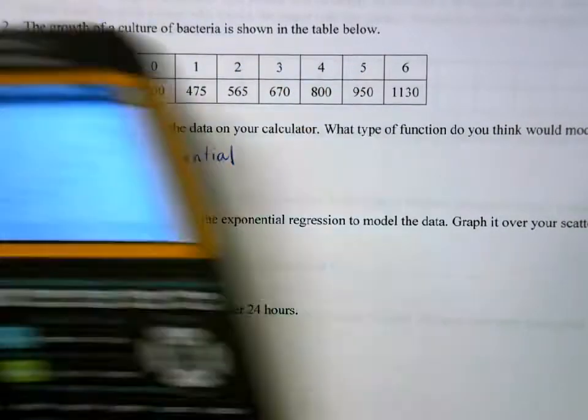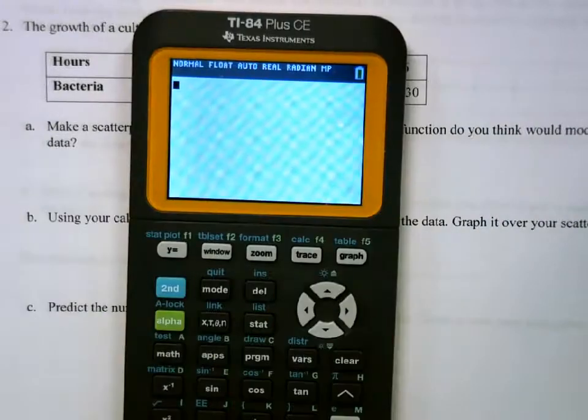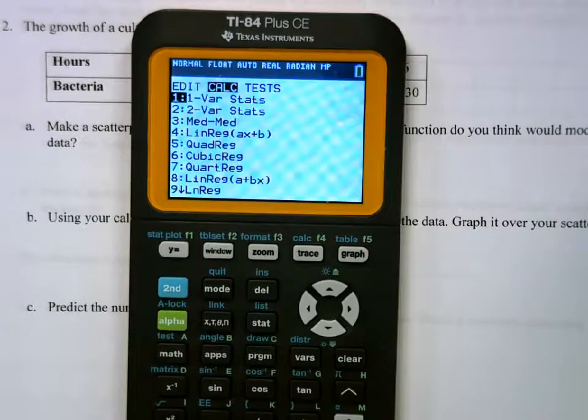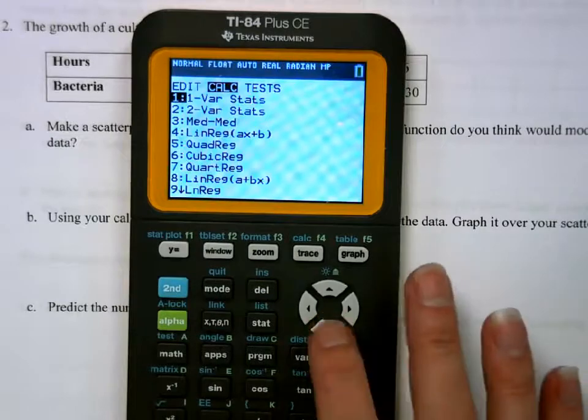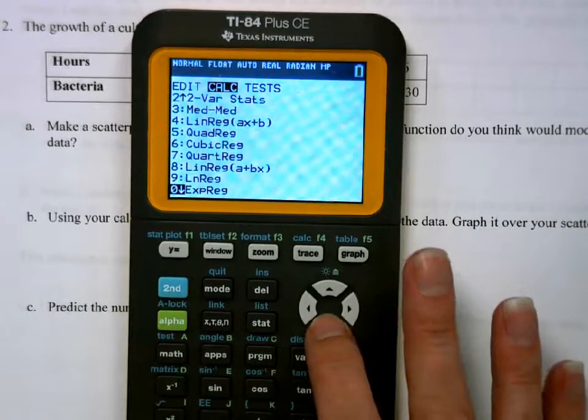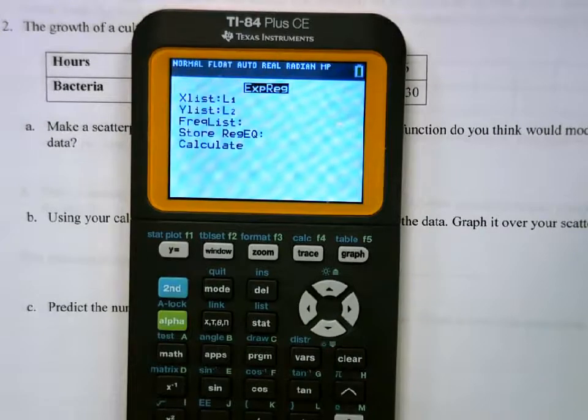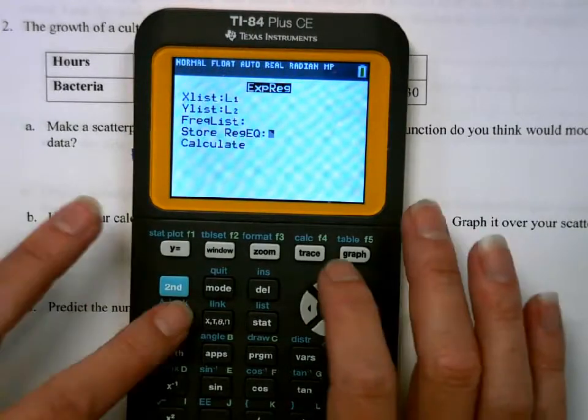Okay, so we're going to do the regression equation, this time exponential. So stat, calculate. The exponential regression is down here. List 1, list 2, and we want to store it in y1.